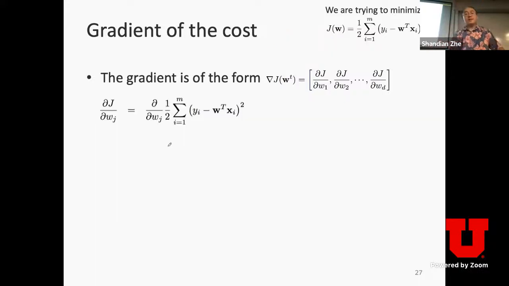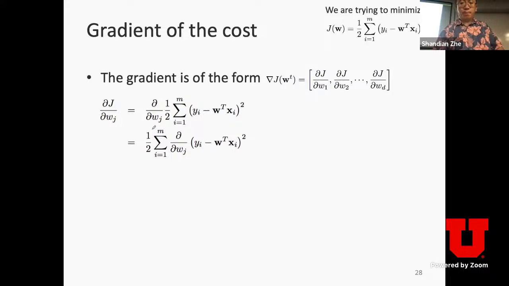Now let us derive the formula of the partial derivative of the objective J with respect to one particular weight Wj, that is the jth element in the weight vector. We take the partial derivative of this summation of the square loss with respect to Wj. Of course, we can move the partial derivative operation inside the summation and look at each squared cost.